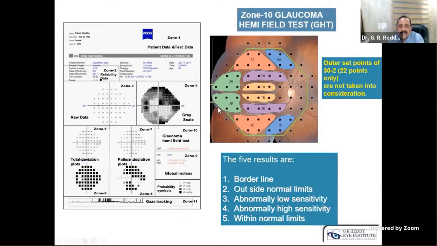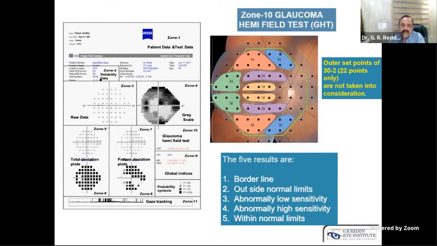That is why, unless there is a specific indication for 30-2, we should not ask for it. Mostly you can start with 24-2 Theta standard for a glaucoma suspect, or Theta fast where the patient cannot concentrate for a longer time, or in a neurological case.